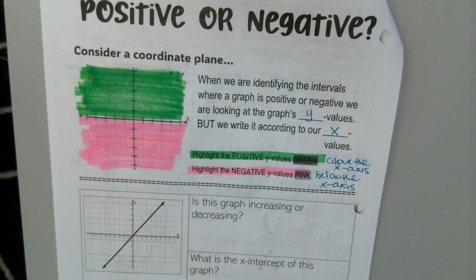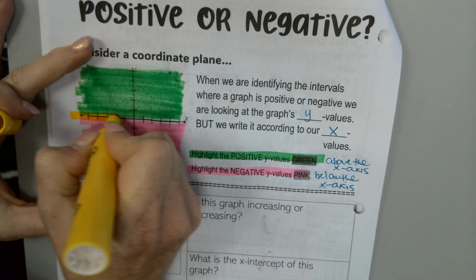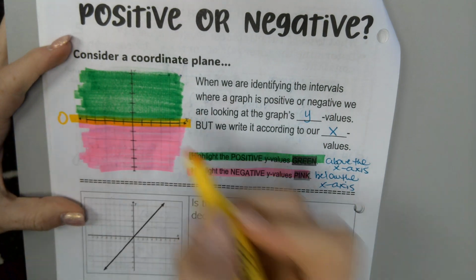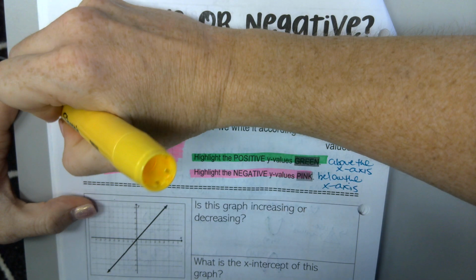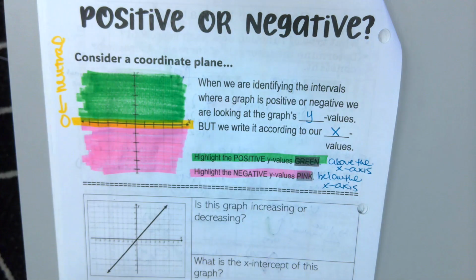Now, what do you think I might consider the x-axis itself? All right, that is 0, right? So is 0 positive or negative? No. So this right here, the 0 is kind of my neutral zone, okay?